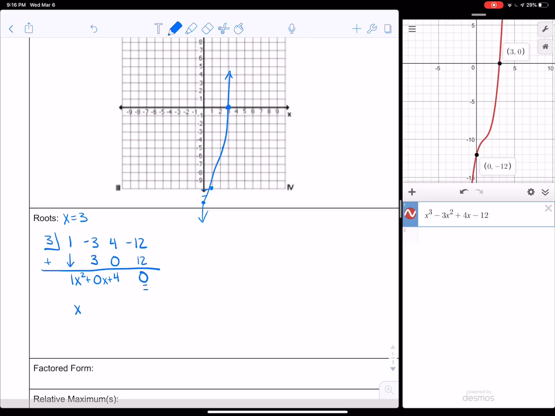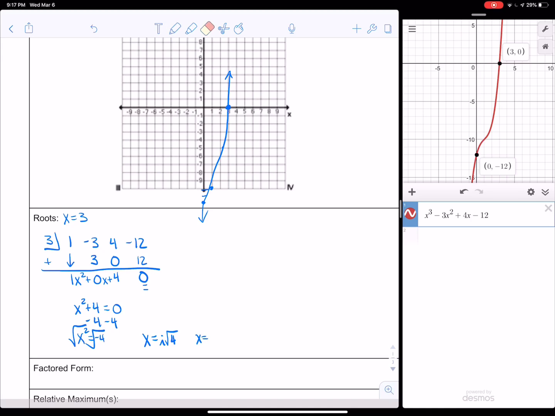Since there's just a 0 in the middle, we can just write it as x squared plus 4. In this case, we could set it equal to 0 and subtract 4 and get x squared equals -4. Take the square root of both sides, so you get x equals the square root of -4, and then you could simplify a little further.